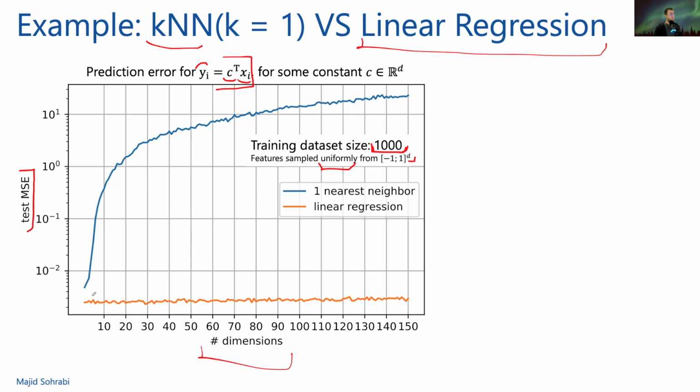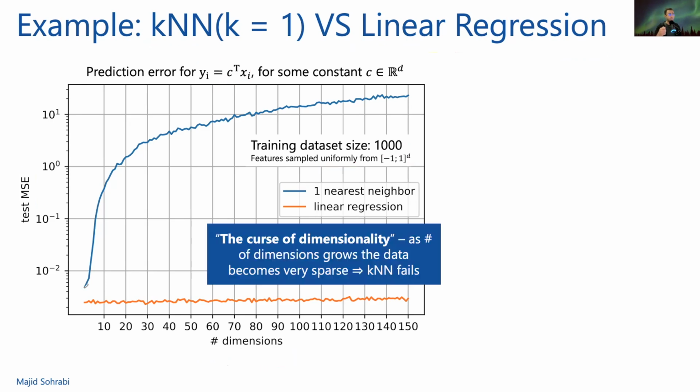As you can see, the orange line is the error for the linear regression model, and over the different dimensions, the error is rather constant and particularly low. On the other hand, the test error for KNN is a little worse than linear regression, but as we have more and more dimensions, you can see KNN performs much worse in comparison to linear regression.